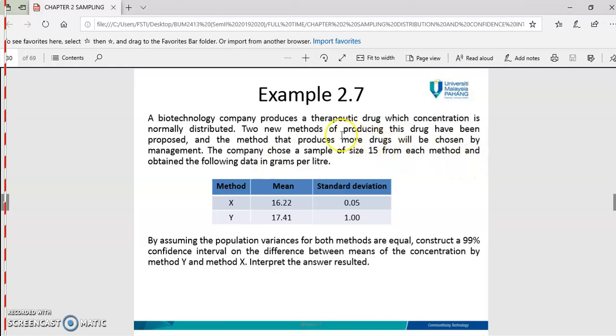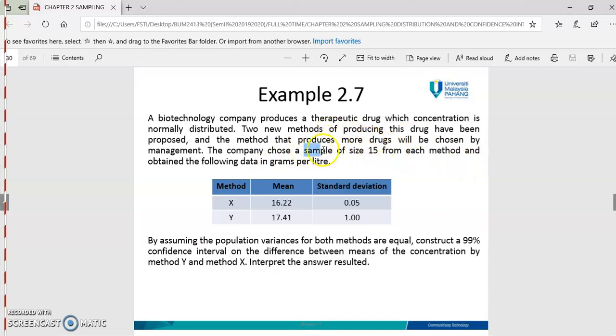From this sample, we obtain the following data, which means that these data are statistics. You have the sample mean and the sample standard deviation.